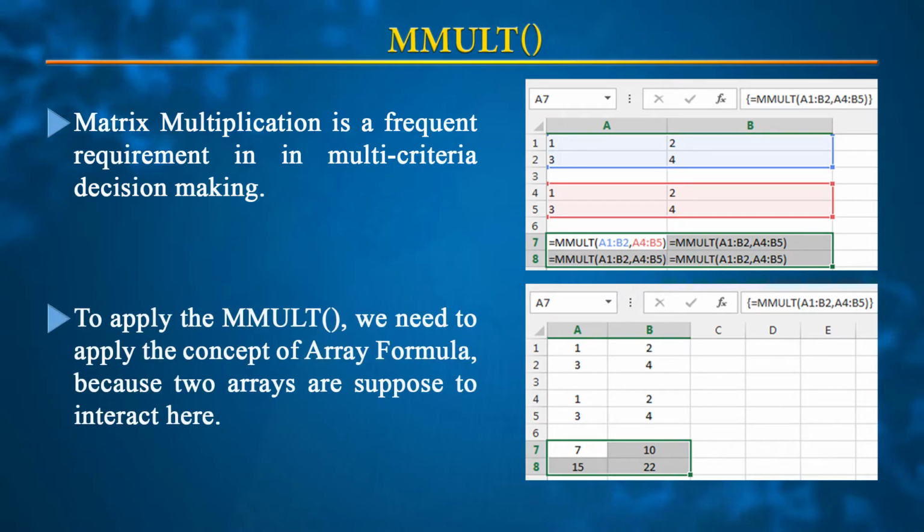But the function is very fruitful for those who are using spreadsheet software, and it is actually an array formula, because two or more matrices are required to be multiplied, so we apply the formula on two arrays, two combinations of data.